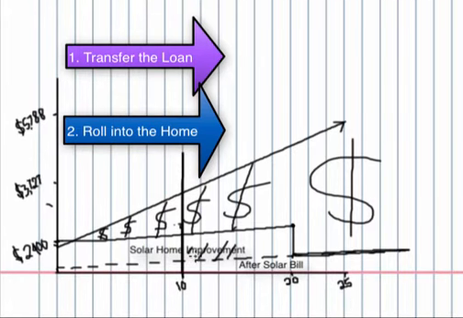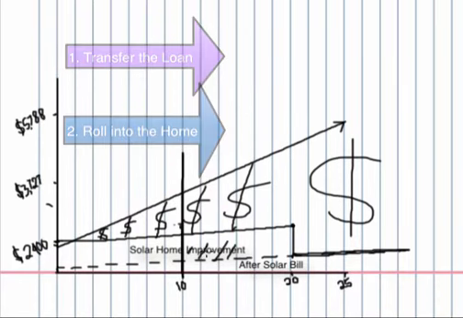So maybe you have $10,000 left to pay off on the loan. You roll that into the home cost, and you sell it for $20,000 more, which is the average rate that people are getting for solar homes, and you make a nice little profit there. So either way you look at it, whichever option you want to choose, it's a huge benefit, and it'll help the home sell a little bit faster and make it a little bit more attractive.